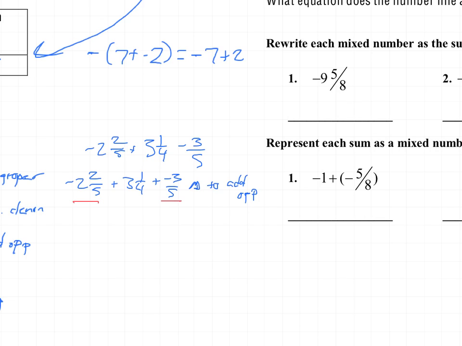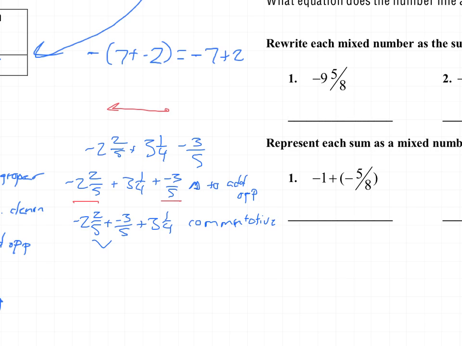So I'm going to go ahead and use the commutative property, so I can get those ones with common denominators first. And that's great because I can combine these two without having to change them to improper fractions. I'm thinking about this on a number line.